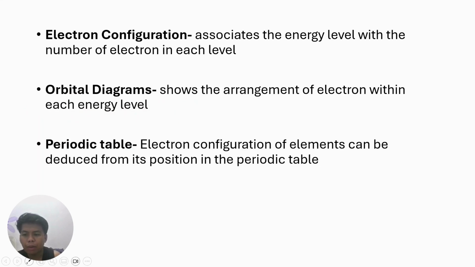So it's like this. If you have an atom right here, imagine this is the nucleus, you have this kind of diagram. It shows the arrangement of the electrons within each energy level. And for the periodic table, the electron configuration of elements can be deduced from its position in the periodic table.